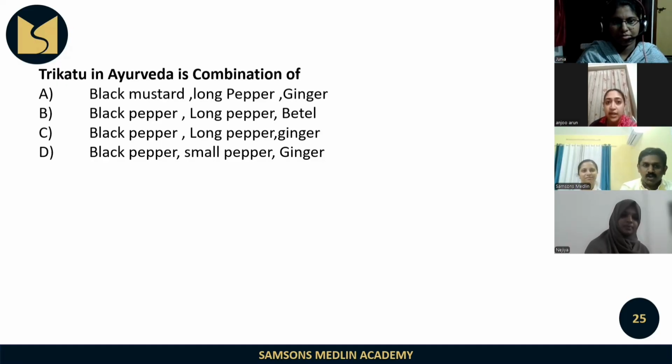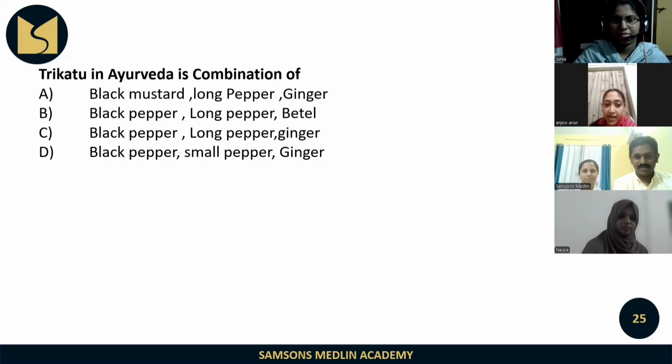Actually, Trikadu: TRI means 3. In Sanskrit it means 3 acids. So from that itself we know that there are 3 drugs: black pepper, long pepper and ginger.